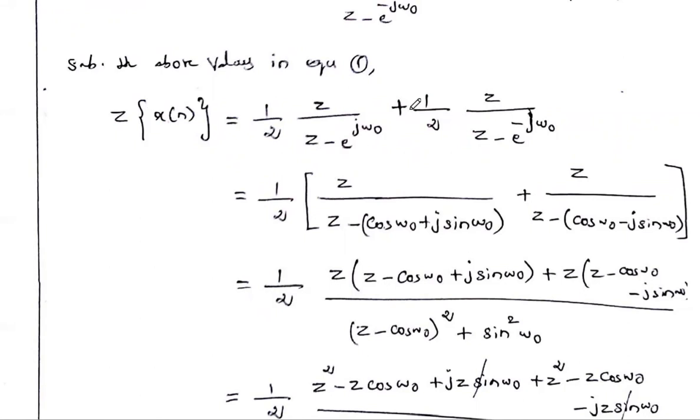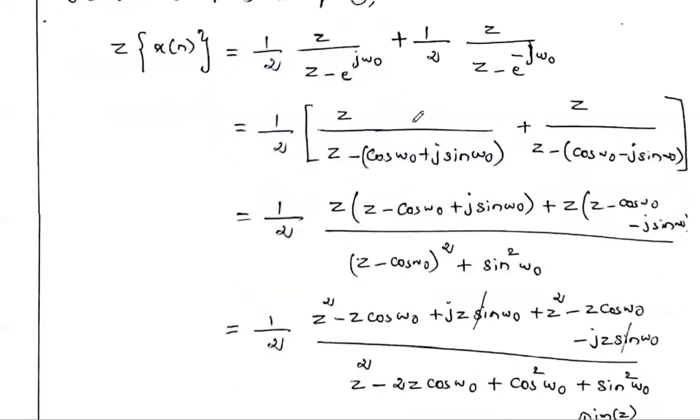In order to simplify, again in reverse we are substituting. Here you see e power j theta. What is the expansion of e power j theta? It can be written as cos theta plus j sin theta. In the place of theta, omega naught is there. So e power j omega naught can be written as cos omega naught plus j sin omega naught, and similarly e power minus j omega naught can be written as cos omega naught minus j sin omega naught. So we expanded.